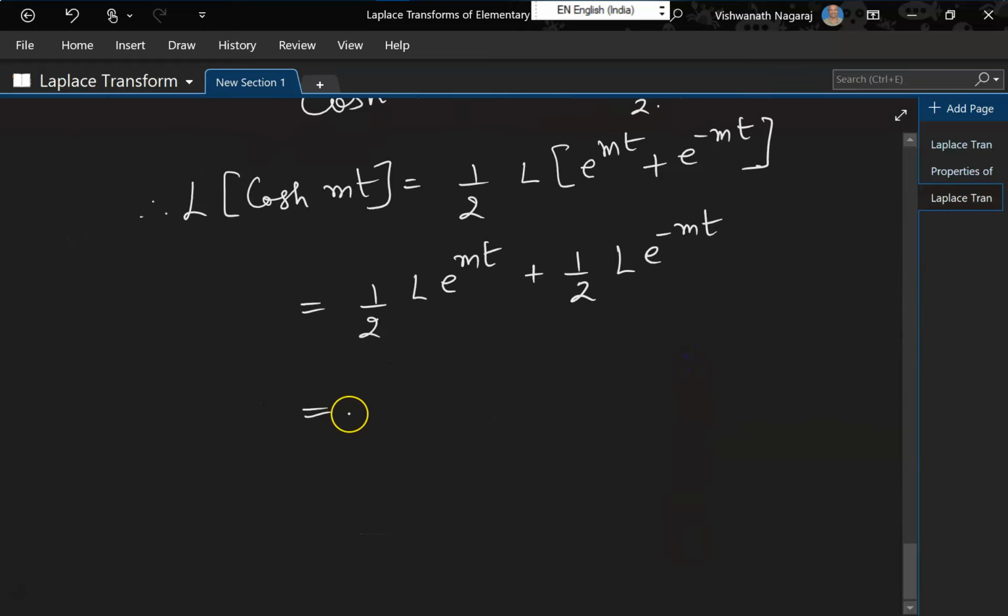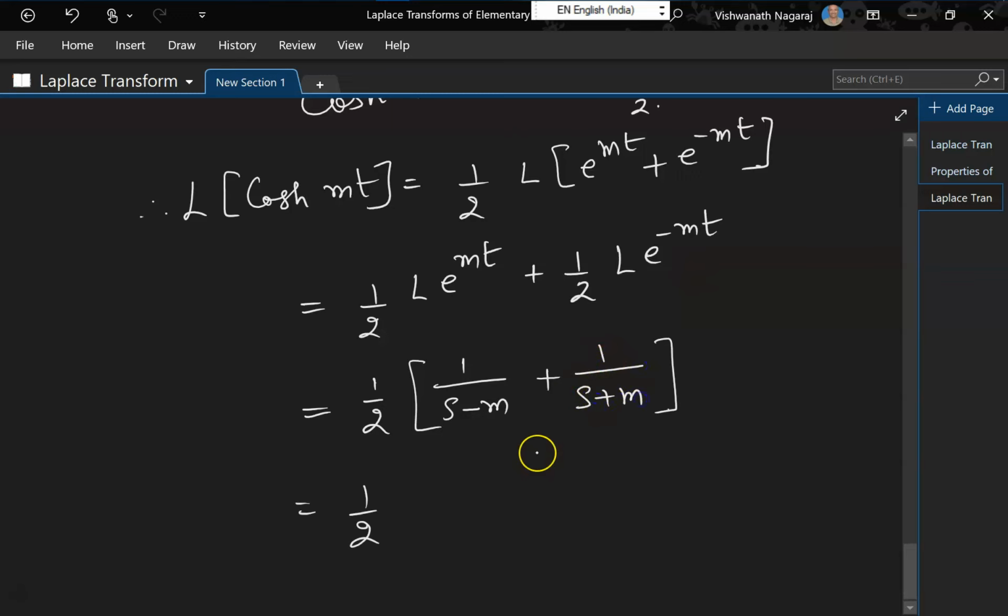This can be written as what? Remember, half remains as it is. L of e to the power of kt we have already seen, remember? So this is nothing but 1 by s minus m plus half, I have taken it out, again e to the power of minus kt. Remember? So that is nothing but 1 by s plus m. Now it is simple algebra: s square minus m square, s plus m plus s minus m. m and m get cancelled.